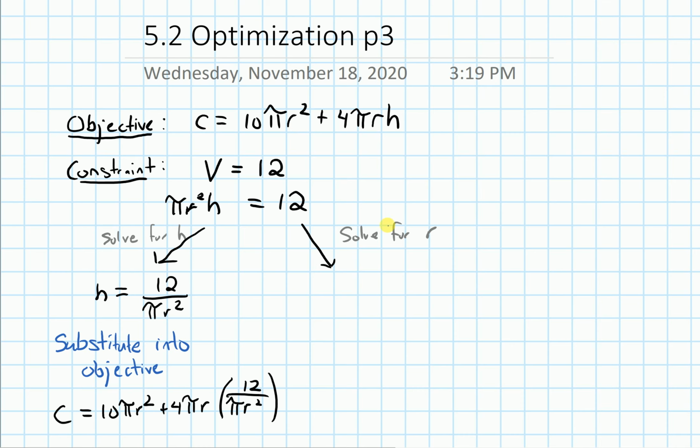All right, so what about if I solve for r instead? Well, if I isolate r squared, I get r squared equals 12 over pi h. And then I could square root this. If I square root both sides, I get r equals the square root of 12 over pi h. And you might be wondering, wait, did I forget my plus or minus?